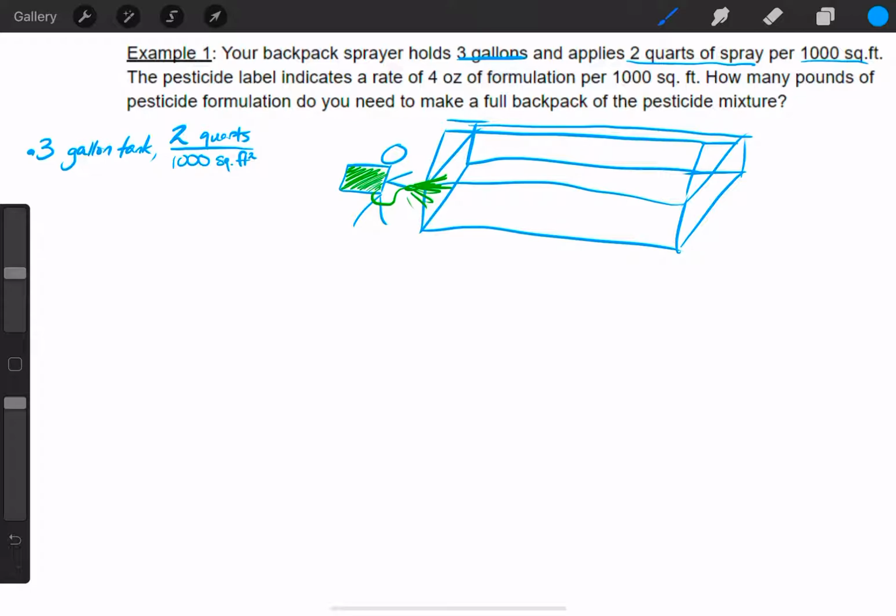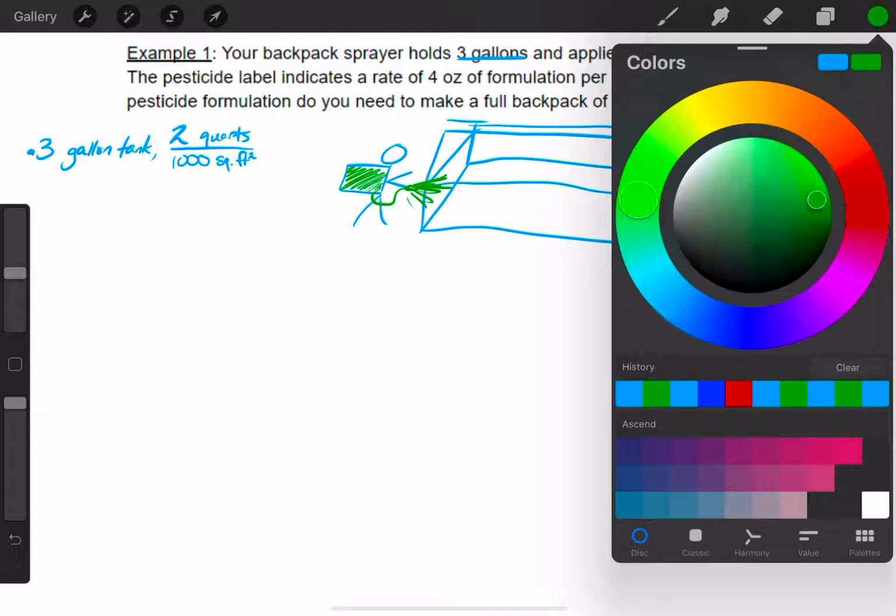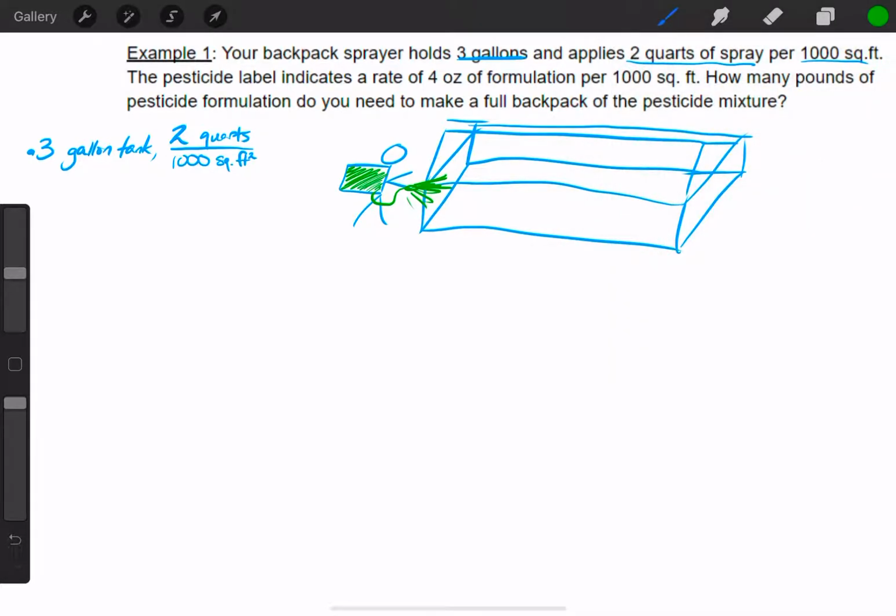If you visualize this worker actually applying the pesticide, as time goes on, they spray this rate over the ground in the greenhouse. After they've sprayed 1,000 square feet, how much of the stuff is gone out of the tank?